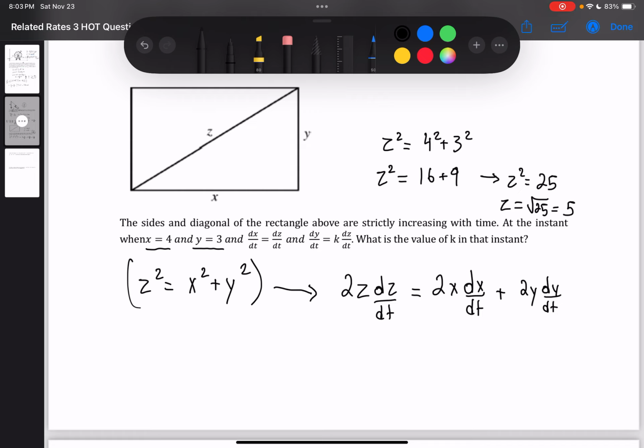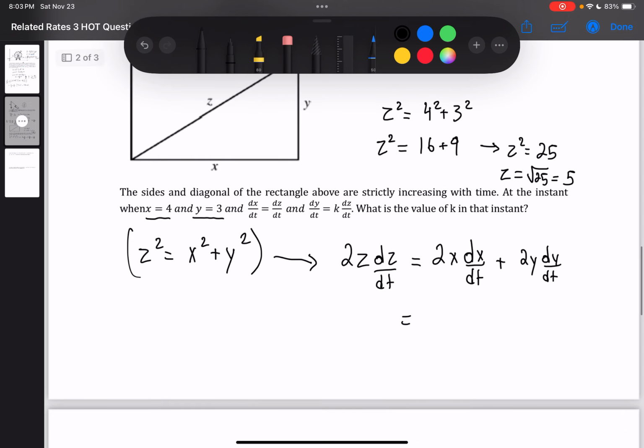Now they told me that dx over dt is actually dz over dt, so I'm just going to use that. And they told me that dy over dt is equal to k dz over dt. So basically it's equal to 2x dz over dt plus 2y, and instead of dy over dt, k dz over dt.